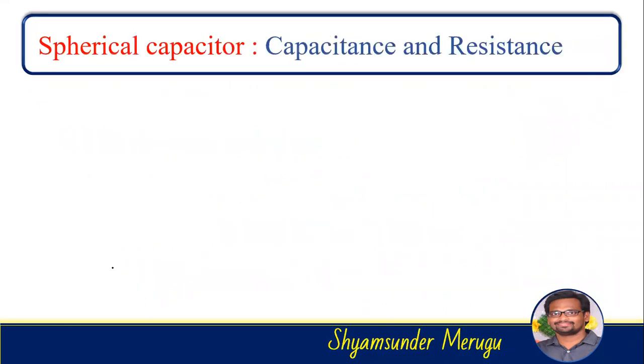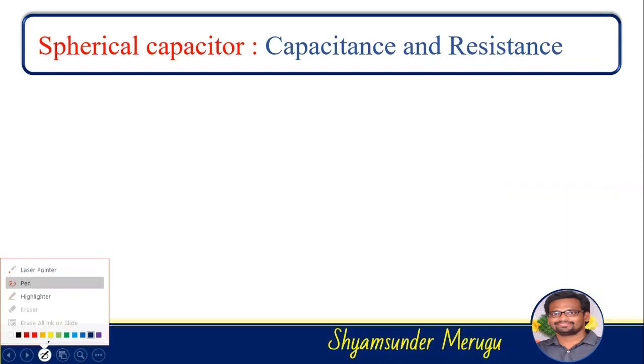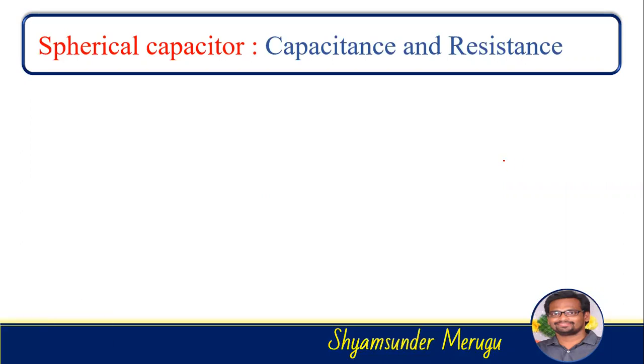Now, let us consider a spherical capacitor. So we have a sphere, and the radius of the sphere is A, and we will be having the concentric outer sphere whose radius is B. The inner sphere we consider as 1, the outer sphere we consider as 2.